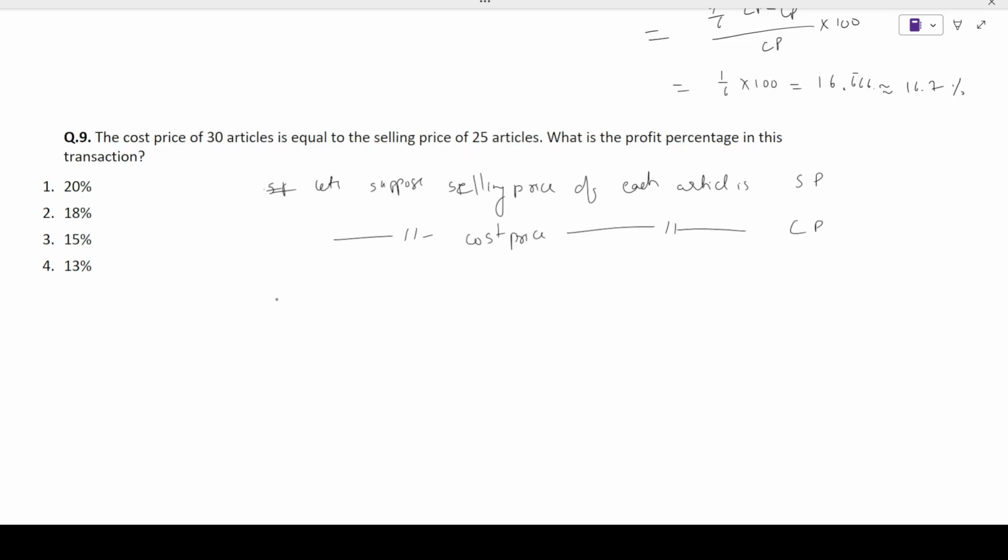So from the question, the cost price of 30 articles is equal to the selling price of 25 articles.